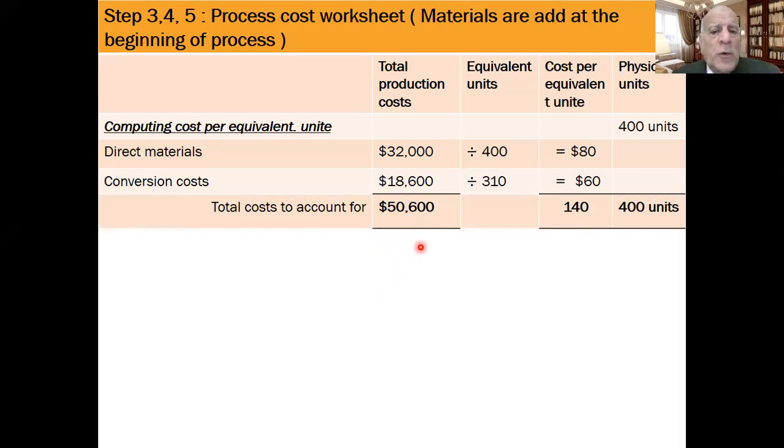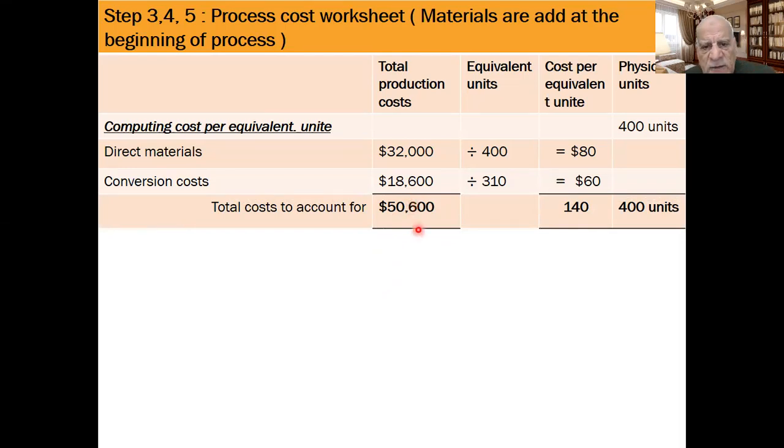Now, in step number 5, we want to assign this total manufacturing costs to the output of the process, which includes completed and transferred out units and uncompleted units at the end of the period.